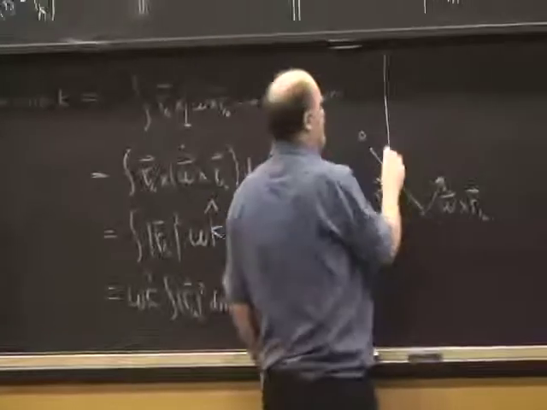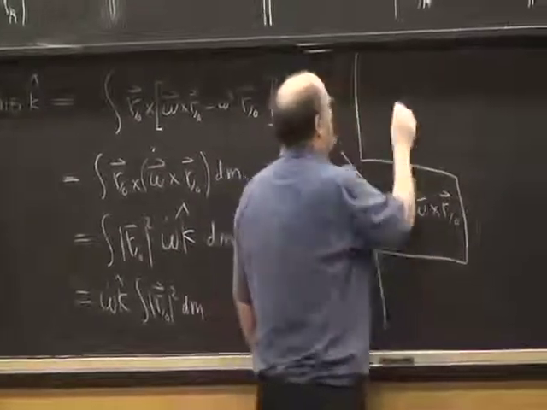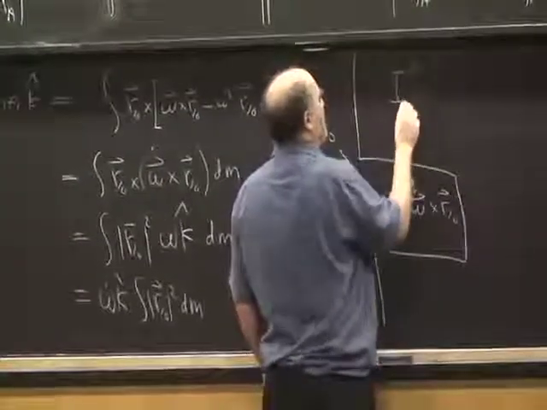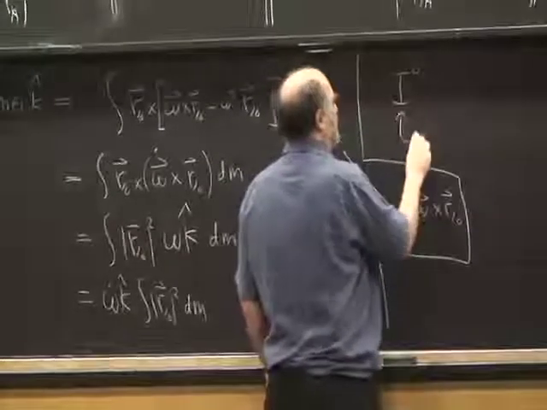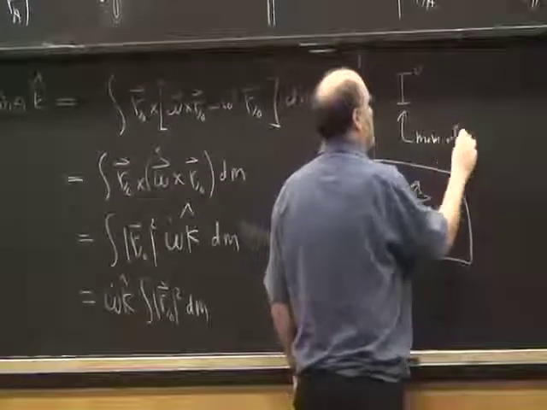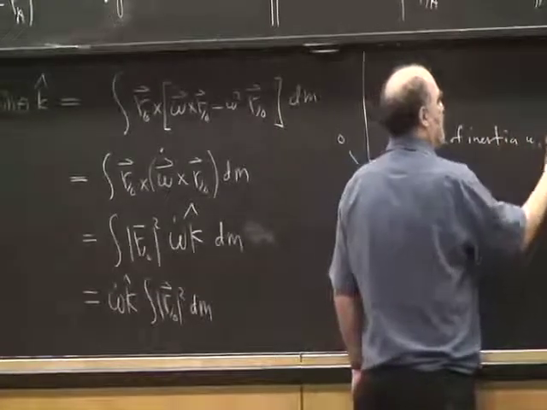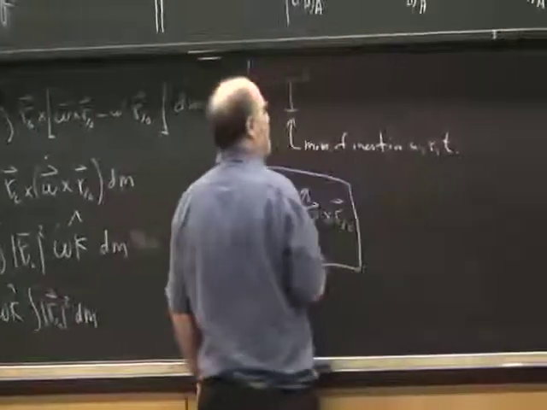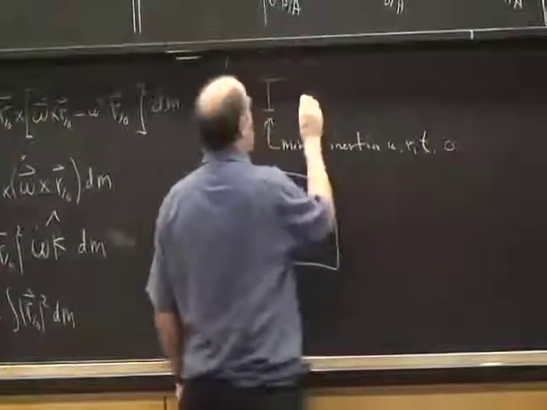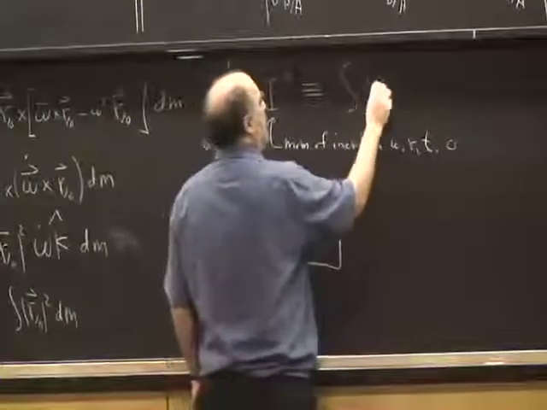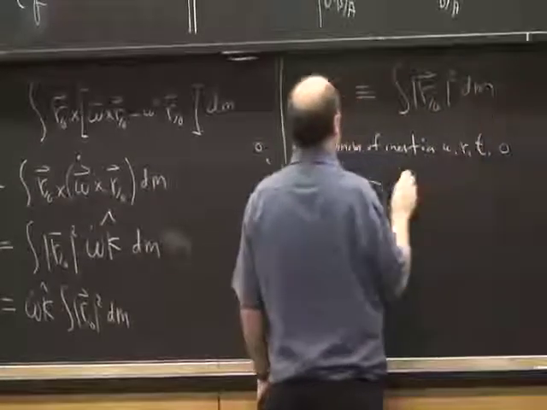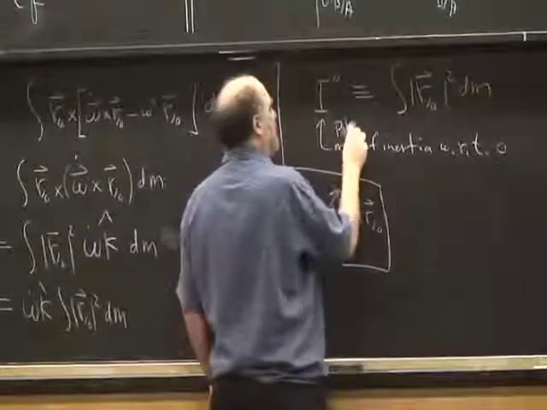Now this quantity shows up so often that we define it like this, and we call this the moment of inertia. And this is called the polar moment of inertia.